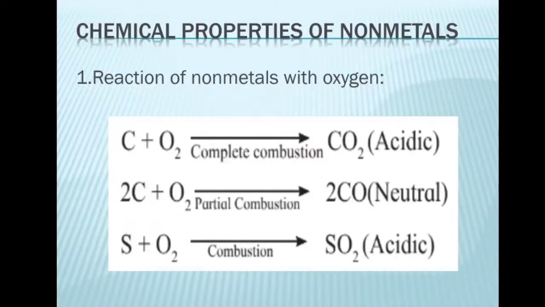Carbon, when reacted with oxygen, gives carbon dioxide, which is highly acidic. Next, carbon reacts with oxygen at partial combustion to form carbon monoxide, which is neutral. Sulfur, when reacted with oxygen, being a non-metal, with complete combustion gives acidic sulfur dioxide.